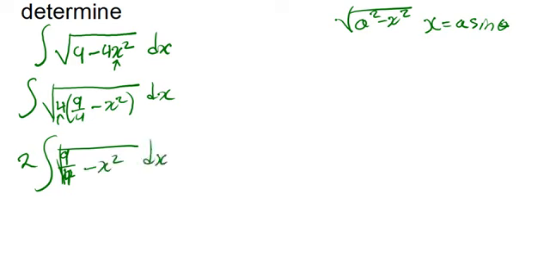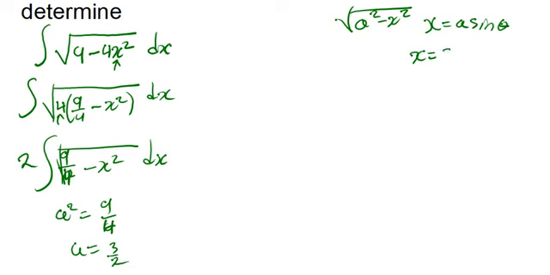So our a in this case is the square root of 9 over 4, meaning a squared is equal to 9 over 4, so a is equal to 3 over 2.